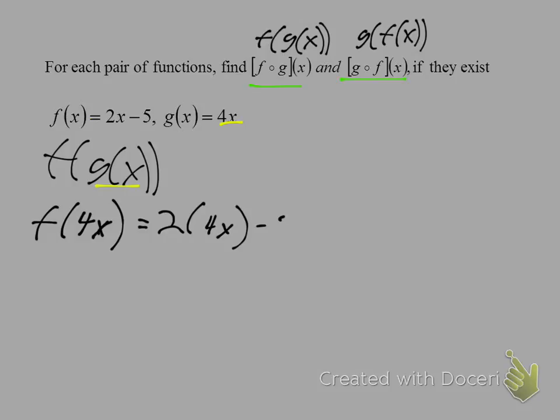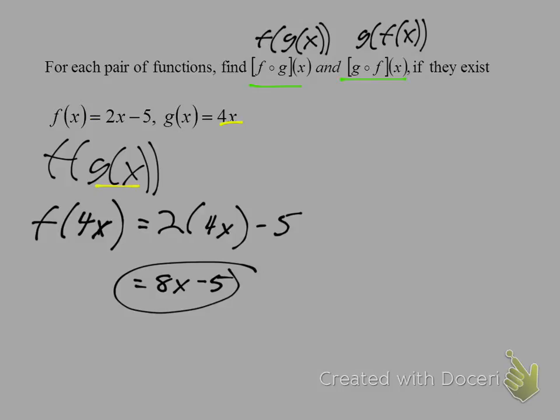You have to keep it all x, since you are talking functions with just x's and y's. So you started with a variable, and you're going to finish with variables. The only thing you have to do here, operation-wise, is multiply 2 and 4, which gives you 8x minus 5. Done.